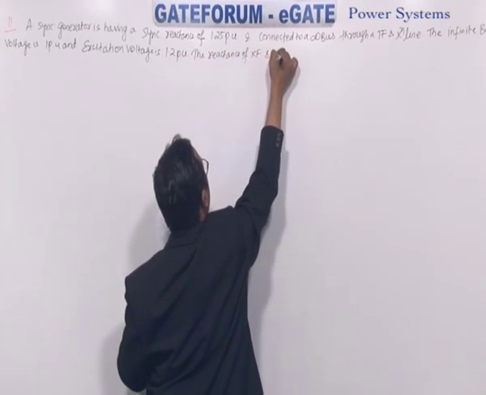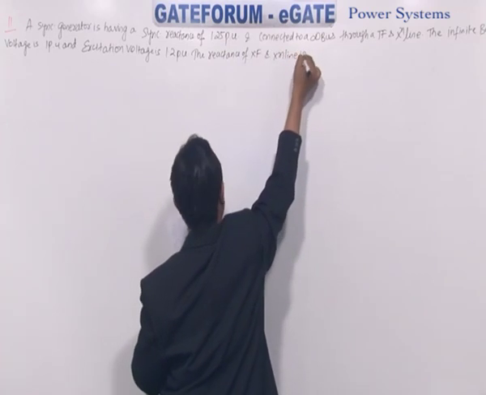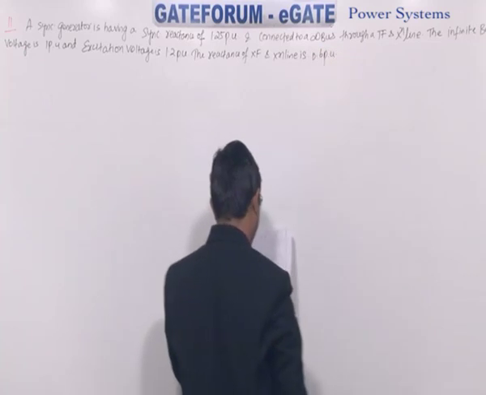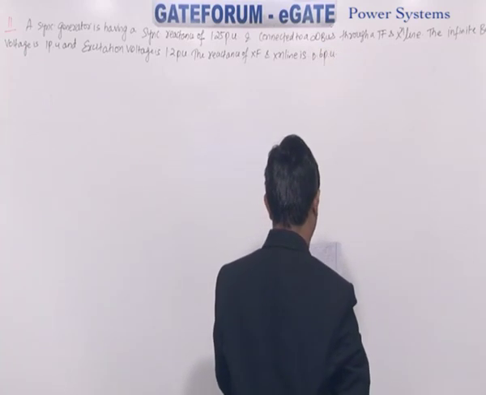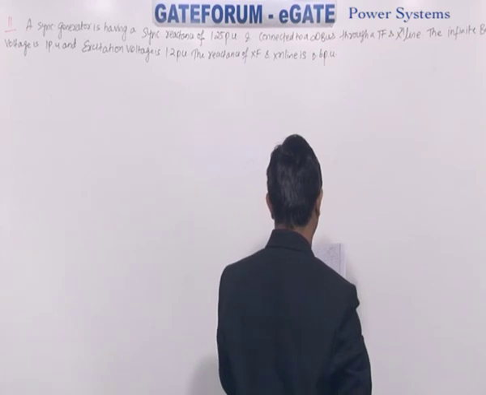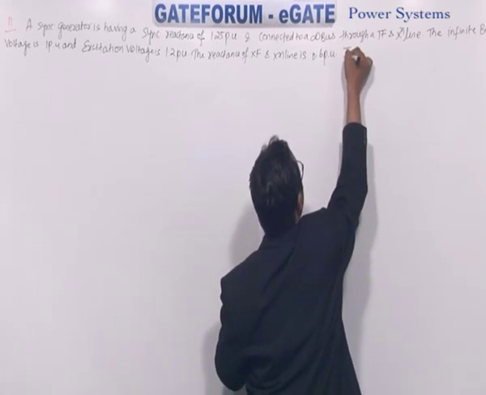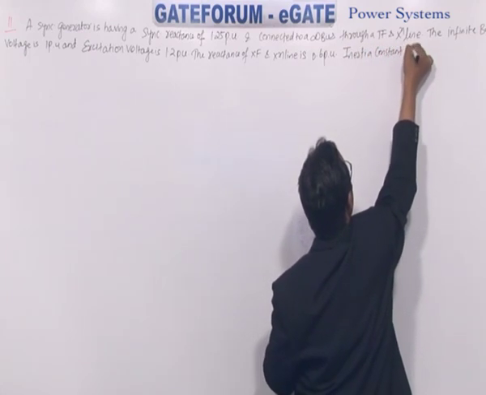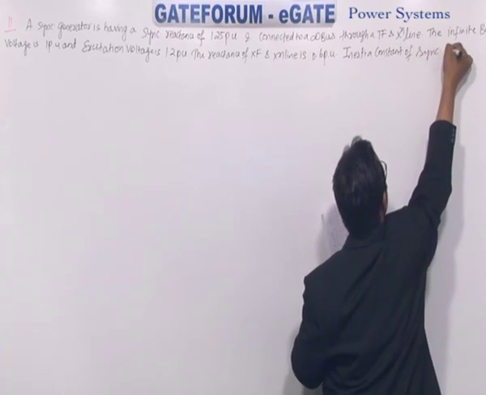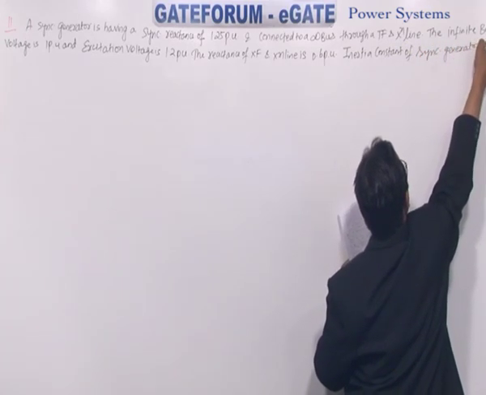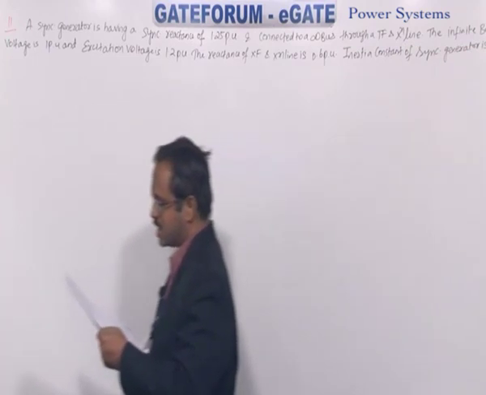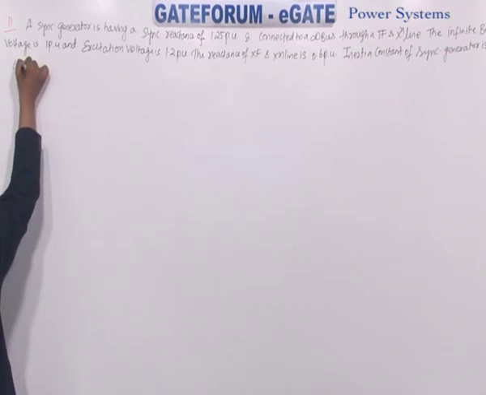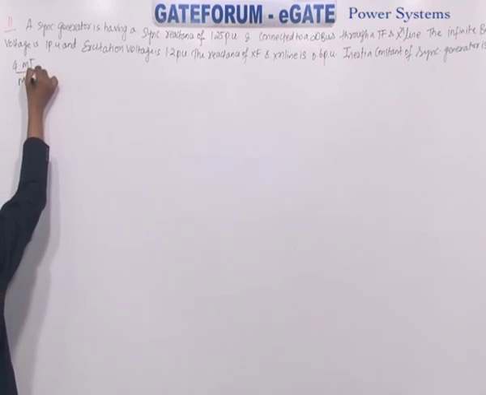The reactance of transformer and transmission line is 0.6 per unit. The inertia constant of synchronous generator is 4 megajoules per MVA.